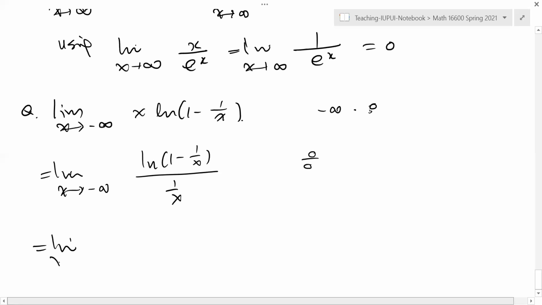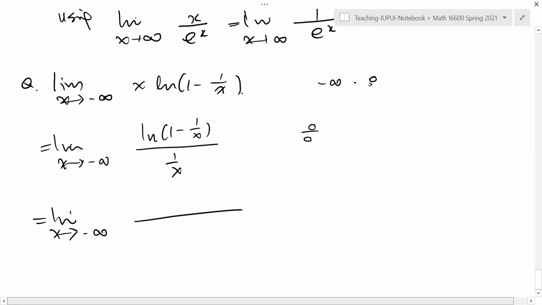Okay. Yeah. If you don't want to change the variable, then just differentiate. When you differentiate 1 over x, it's negative 1 over x squared, right? And then this, when you differentiate, is 1 over 1 minus 1 over x, times the derivative of negative 1 over x, that's going to be 1 over x squared. Okay. Then you simplify it.